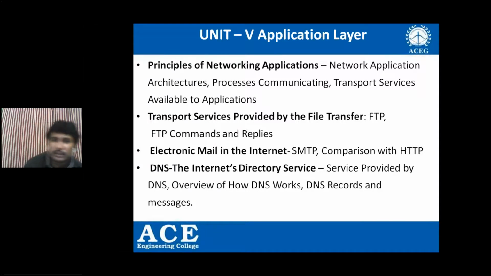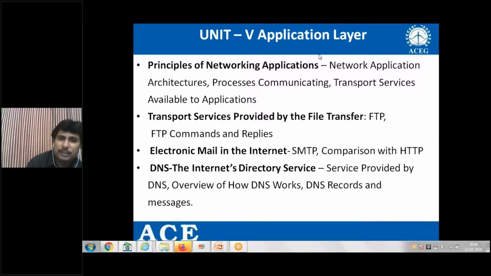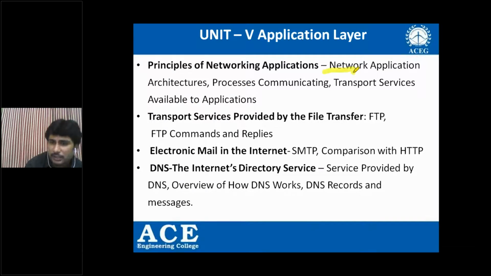That is what we are going to first understand in the application layer. So we first try to understand what the network layer provides to the application layer, and then also what services the transport layer provides to the application layer.